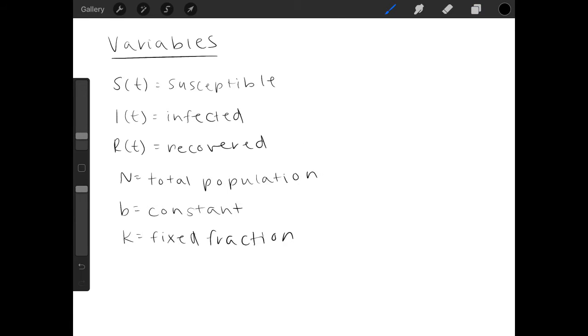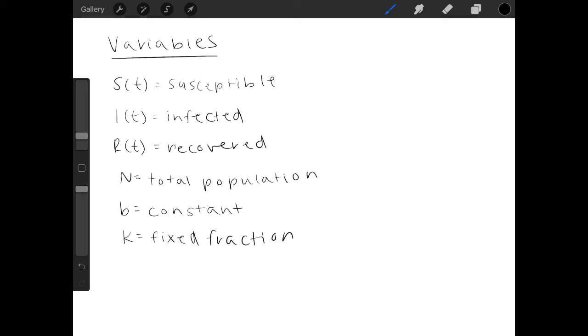Now the variables that I made for this model are S of t, which is just the number of susceptible individuals, I of t, which is the infected individuals, and R of t, which is the recovered individuals. And N I represented as the total population of all of the individuals.